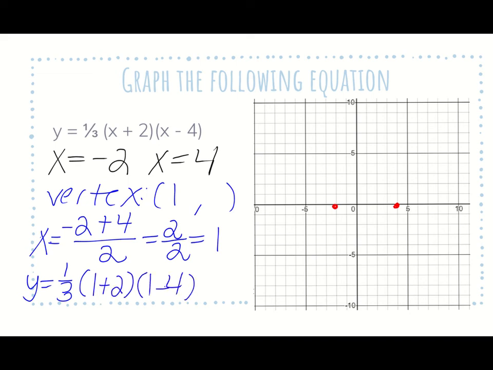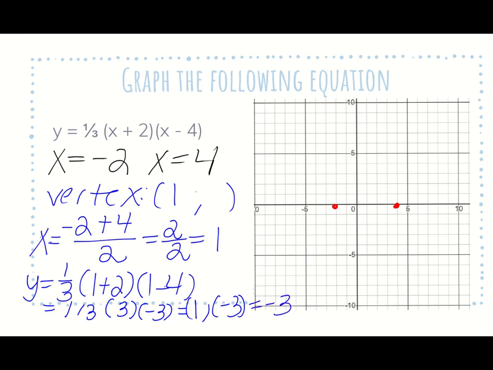Parentheses first, we get 1/3 times 1 plus 2 is 3 times 1 minus 4, which is -3. We could go in order, or we could do 3 times -3 first. But if we did 1/3 of 3, 3 divided by 3 is 1, and 1 times -3 is -3.